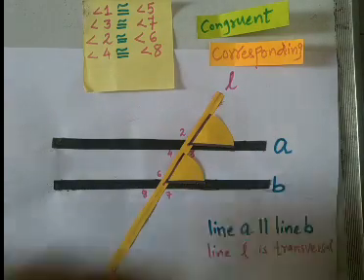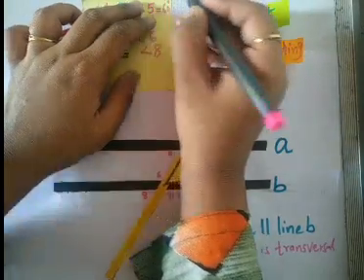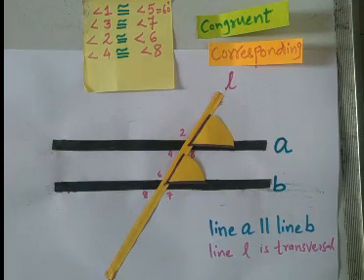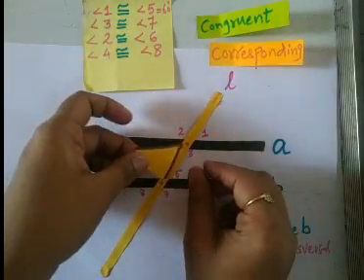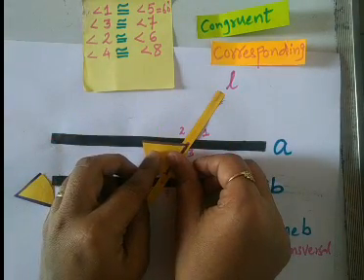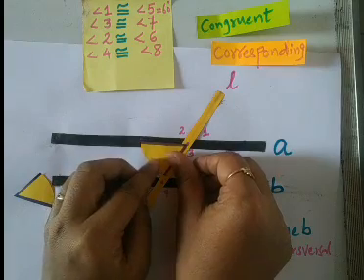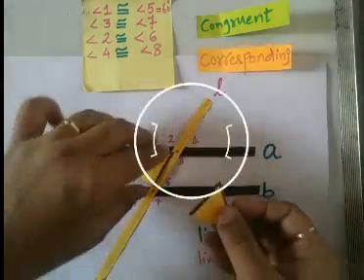Okay, so here we will write angle number 1 and angle number 5 is equal to 60 degrees. Same way, angle number 4 and angle number 8.